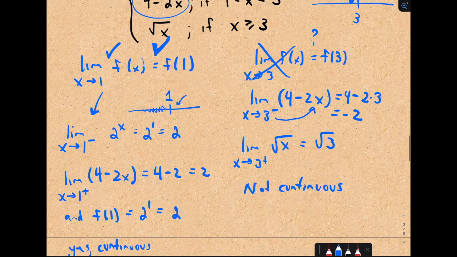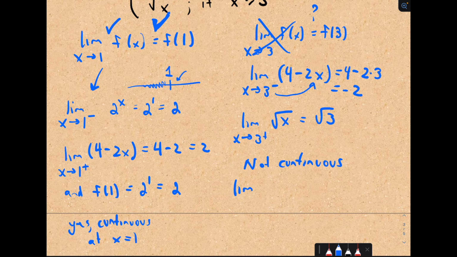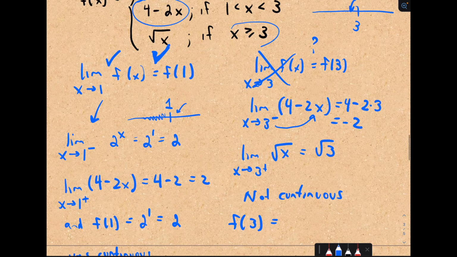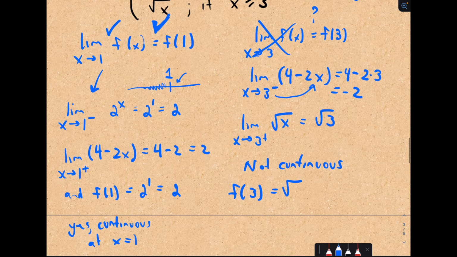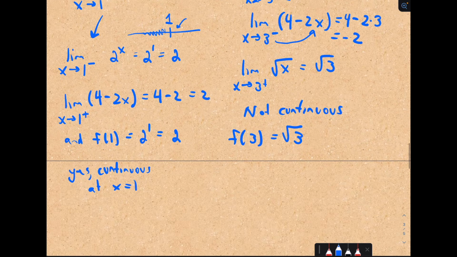Notice if we plug in f of 3, that would correspond to this domain or this function. That would be square root of 3. So it's not continuous at x equals 3, or the a value of 3.